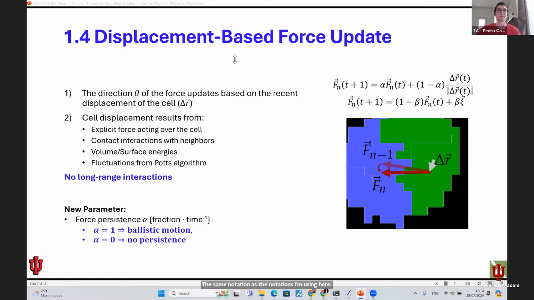Omar, please. Yes, hello. I don't know if the simulation takes into account the momentum transfer, because there are no elastic or inelastic collisions between cells, no?